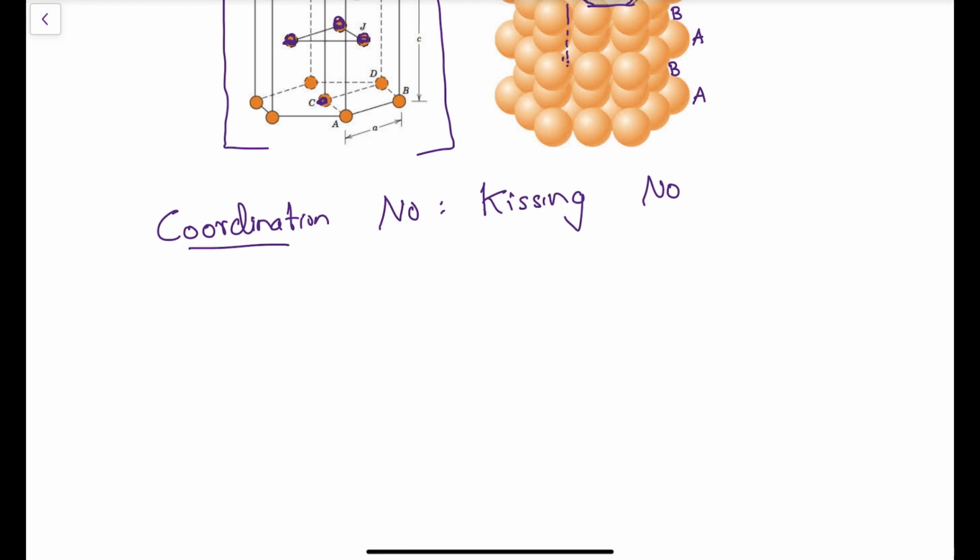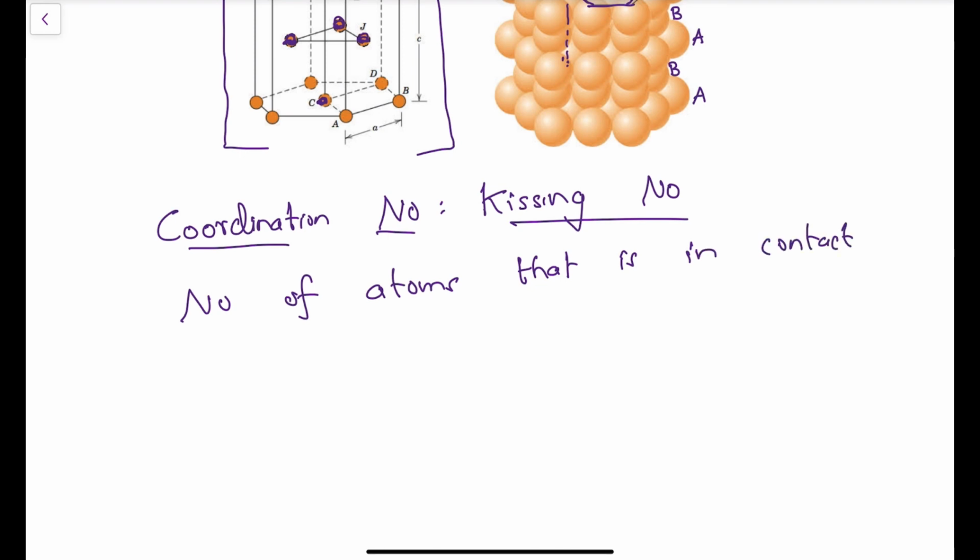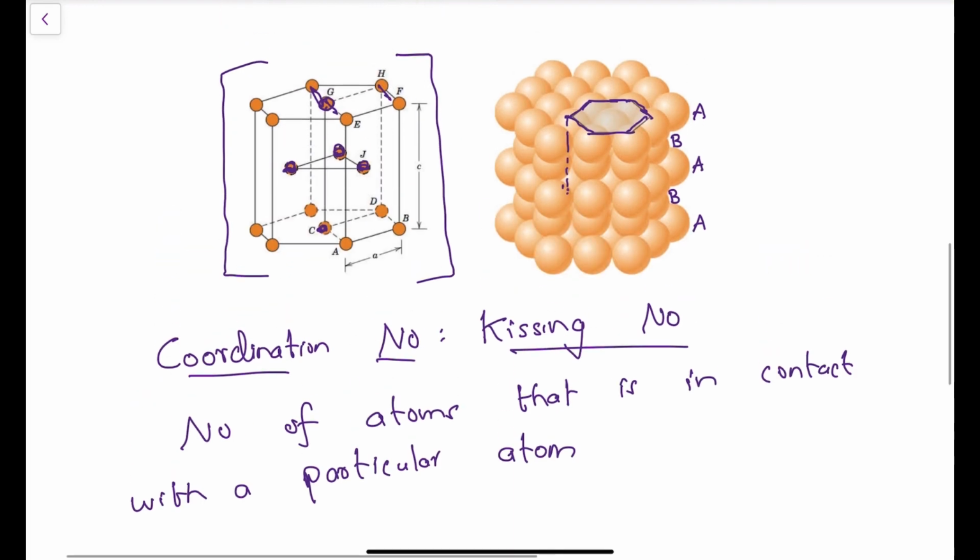So this is defined as the number of atoms that are in contact or that kiss with a particular atom. If you take an atom, what are the number of immediate atoms that touch this atom? That is called the coordination number or kissing number.